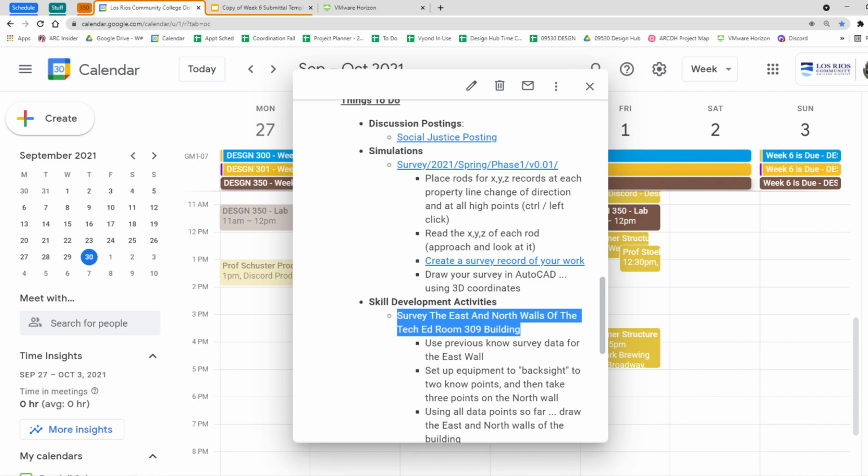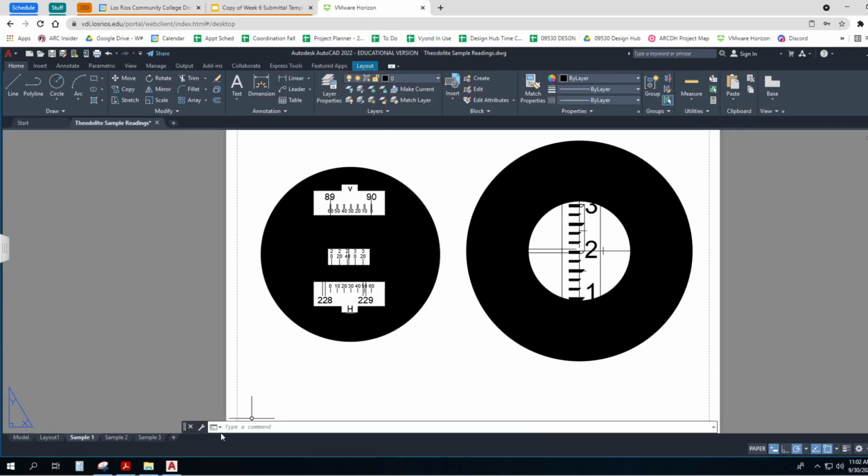So that was good. But I want to go over how to get these readings done, and also show you how I'm going to expect you to do it on the midterms. So here we go. This is an example of what you might see.